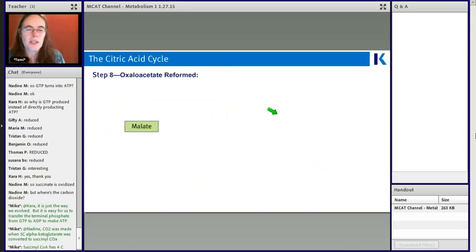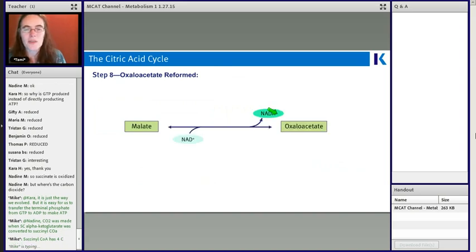Okay, so this is reformed. When we look at this, we have our final reduction, which means malate is going to be oxidized. This happens with malate dehydrogenase, and we finally end up with our oxaloacetate going back to the beginning.